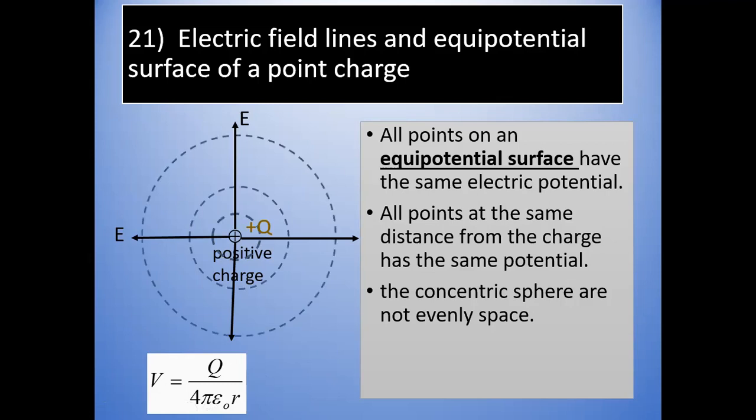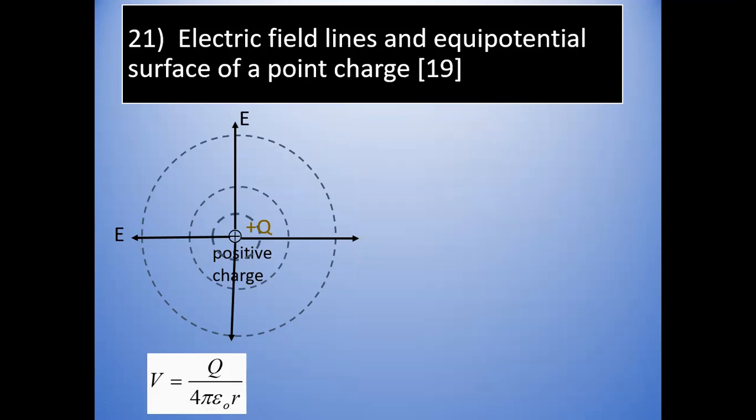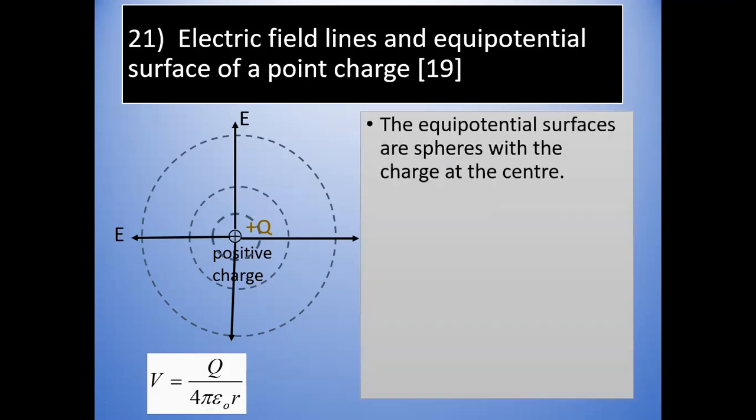Nearer becomes smaller, further and further become far apart, showing that it's not uniform. The charge is at the center of the spheres, all concentric spheres, radius r.